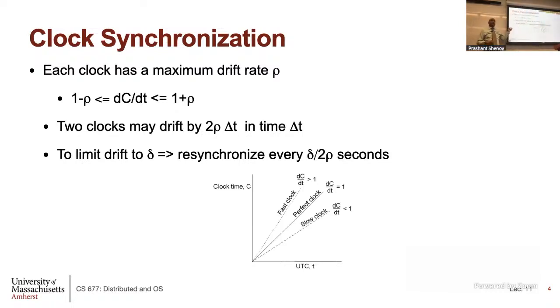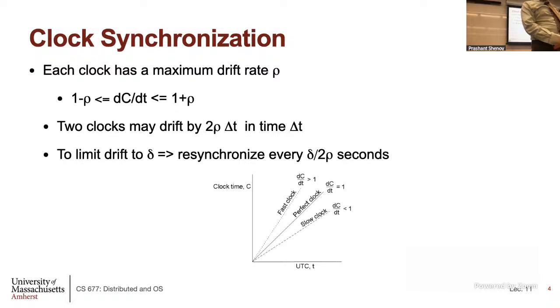Okay? Furthermore, the drift rate is also not constant. Even if it was constant, it's not delta. It's not rho. It's somewhere between 1 plus rho and 1 minus rho. You don't know what it is. But secondly, it's not even constant because for most mechanical clocks, the drift rate changes based on things like temperature. Like quartz clocks, they are using a quartz oscillator.